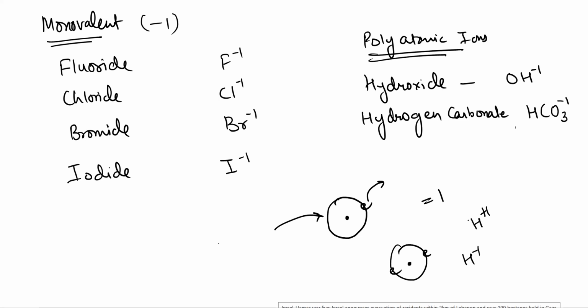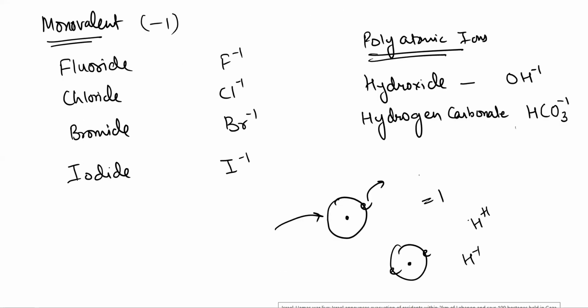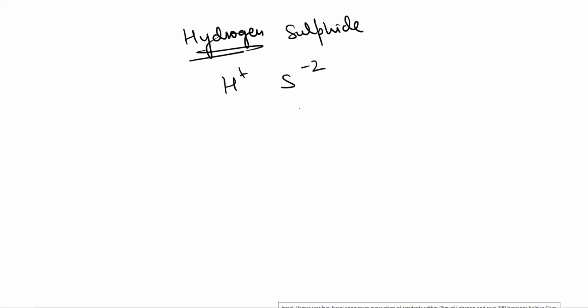So when it is hydrogen, then we take H positive, like we have written here. Hydrogen is going to have +1 valency. And where we are writing hydride, it will be H negative. For example, if the formula is being asked for hydrogen sulfide, then hydrogen we will take +1 and sulfide we will take -2.